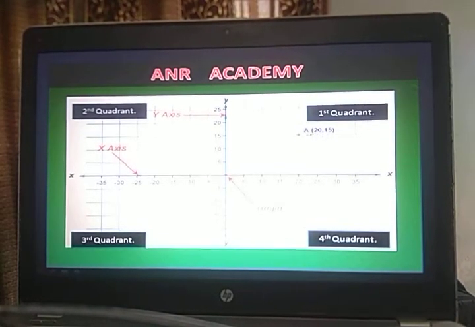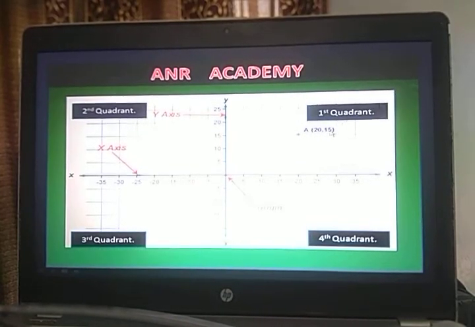Clear? So here in the first quadrant, both x and y have positive values. In the second quadrant, you have x minus value and y plus value.